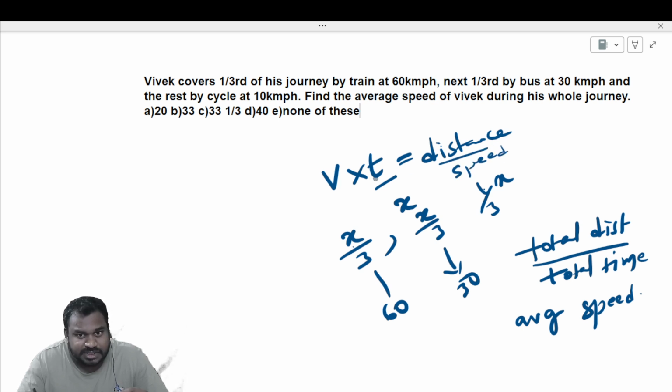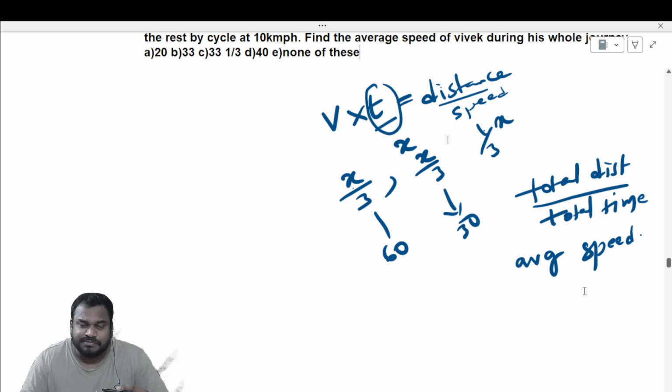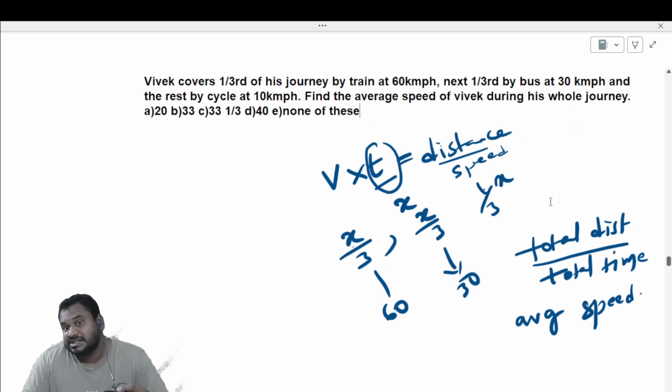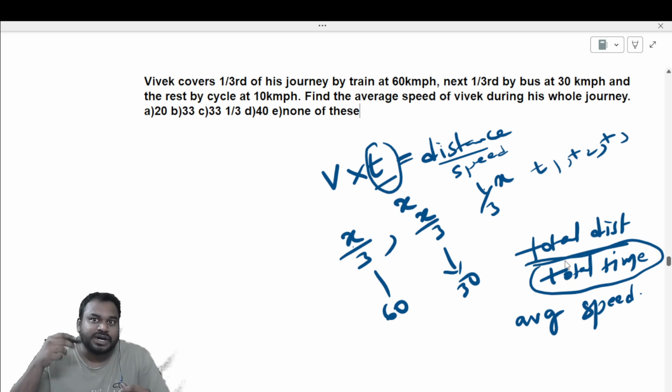I will assume the time taken to cover one third of the distance by train is t1, by bus is t2, and by cycle is t3. So how can I find t1, t2, t3 and substitute in the total time? Because total time is nothing but the sum of t1, t2 and t3.